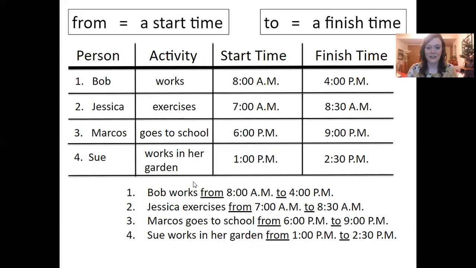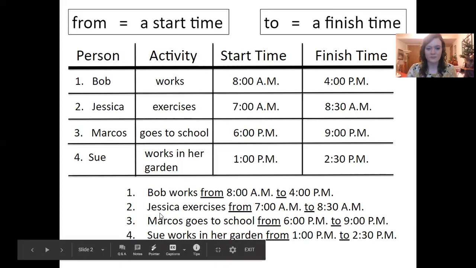Let's look down here at number 2. Jessica exercises from 7 o'clock a.m. to 8:30 a.m. So here we have the start time, and here we have the finish time.